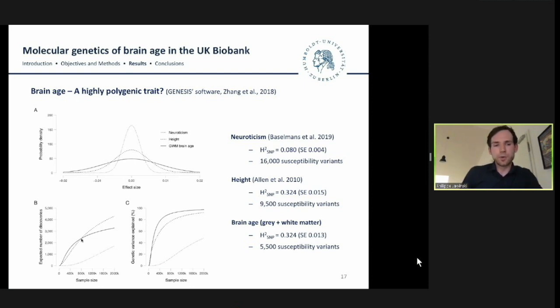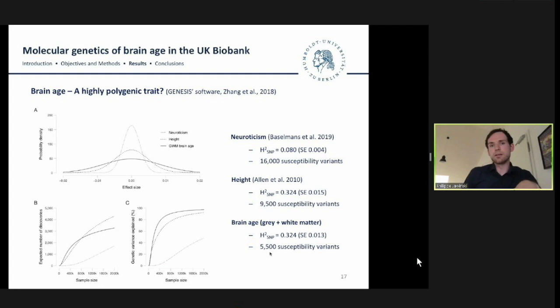So this is also mirrored in those projection analyses here. With increasing sample size, it is expected that the number of genome-wide significant findings drastically increases for brain age relative to the other two traits here. And also with increasing sample size, the amount of genetic variance explained by the genome-wide significant findings is also expected to drastically increase for brain age when compared to, for example, neuroticism.